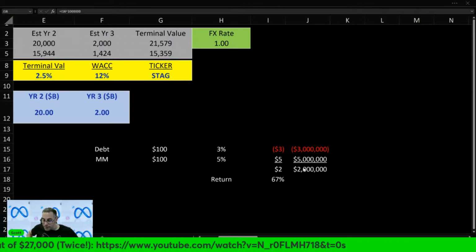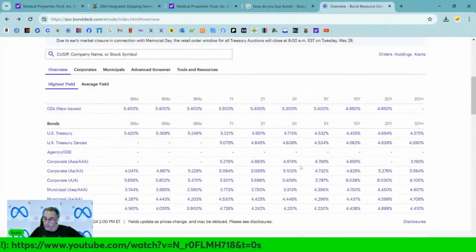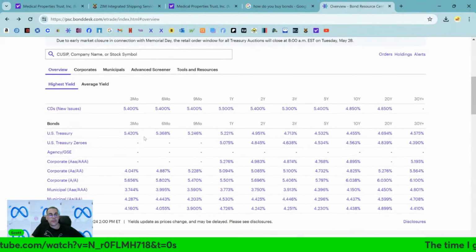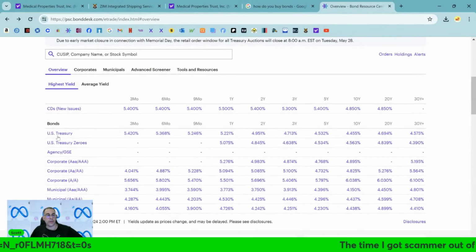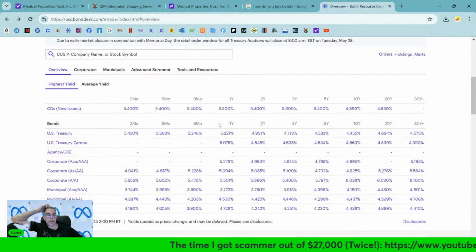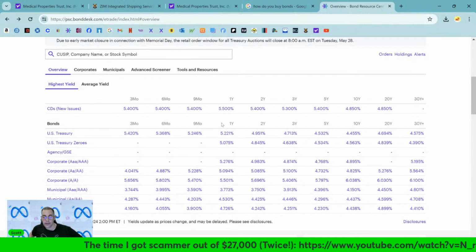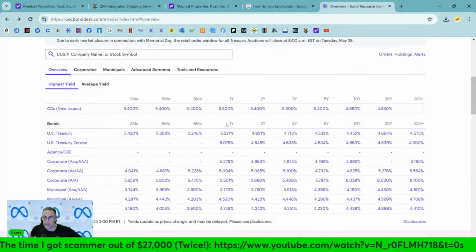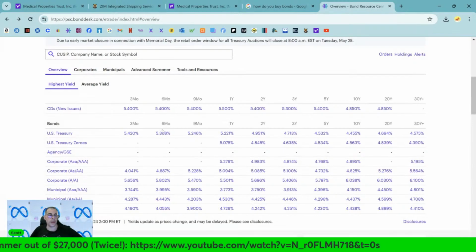I'm talking about government, the U.S. Treasury yields. This is 100%. Nothing is 100% guaranteed, but U.S. Treasury is the closest thing you can get.